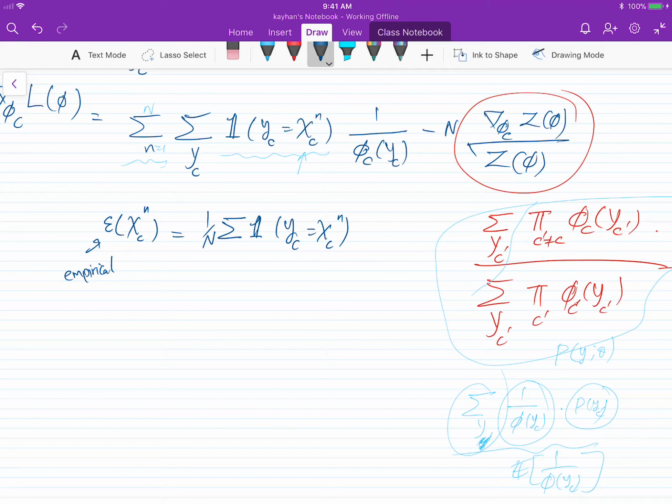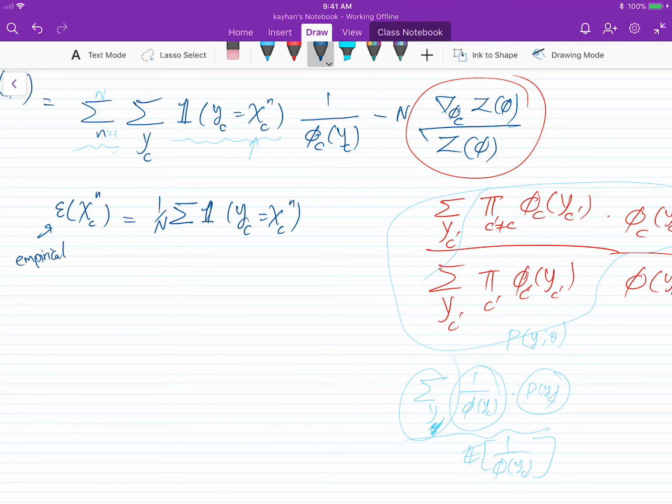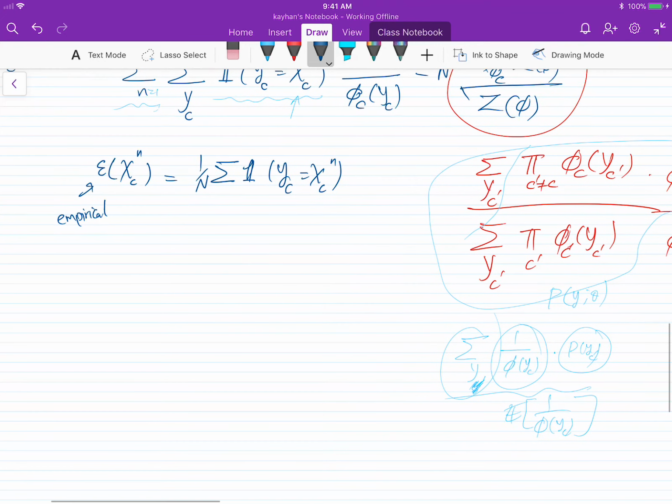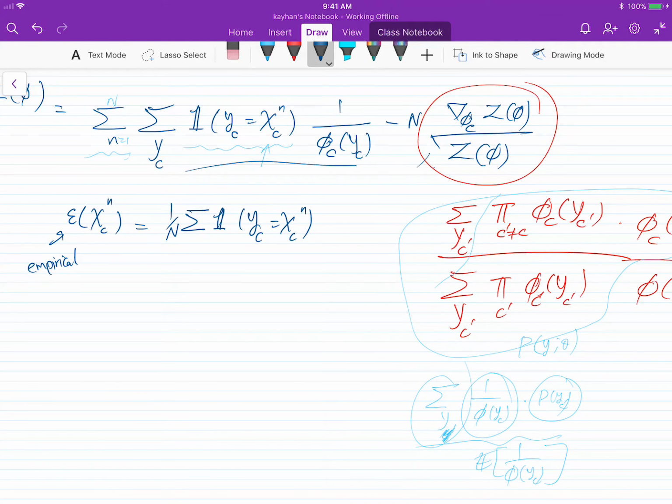Okay. And what you see on the other side is this term. The other term ends up being, so the first term becomes n times the empirical, and the second term becomes n times the probability of yc divided by yc that we used for correction.